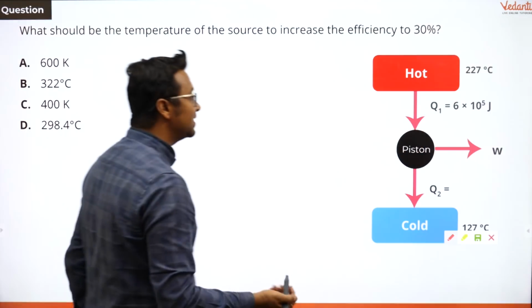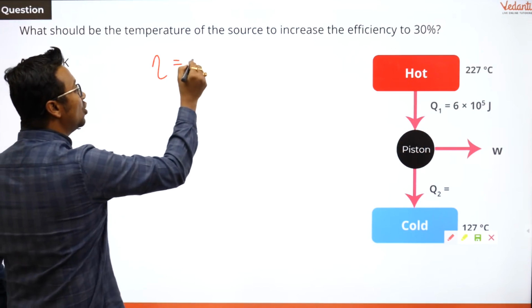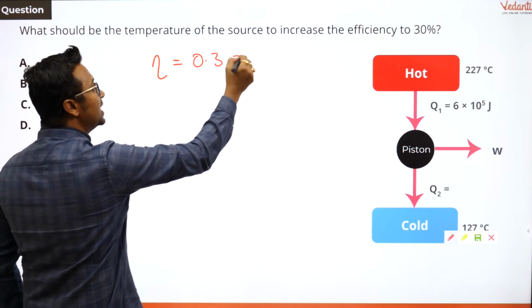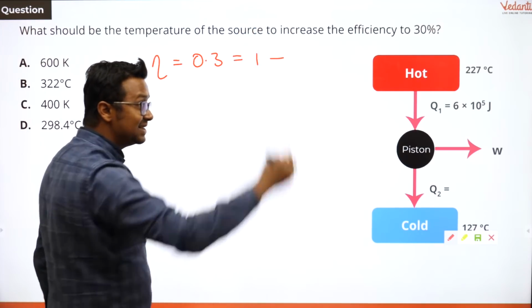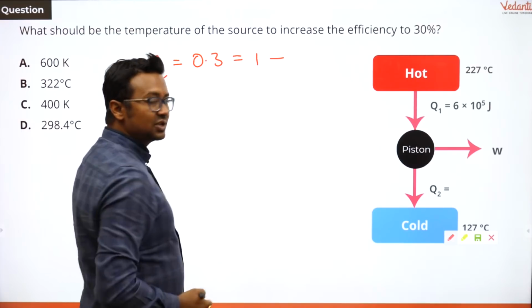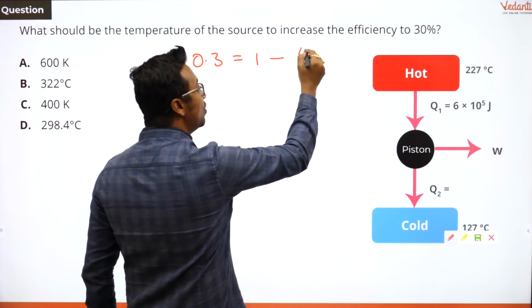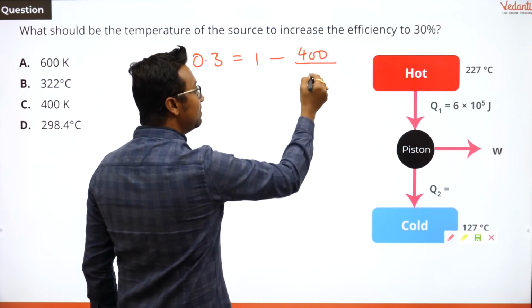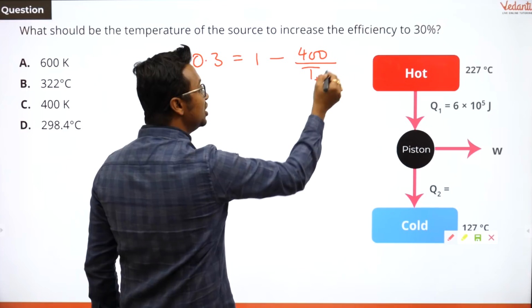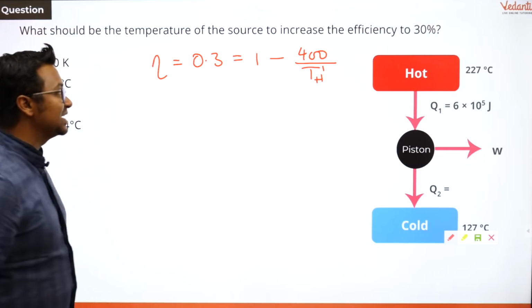So let us say the efficiency has now become 30%. Let me take it as 0.3. This should be equal to 1 minus Tc by Th. Tc is not going to change. Tc is going to remain at 400 divided by Th, the new one, or I'll call it Th dash.